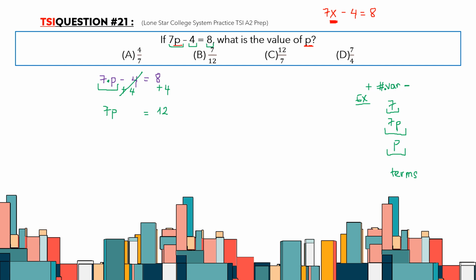Why? You know that we will have something like plus or minus a term, right? Let's say a is a number. We want to move it to the right hand side, or we want to get rid of it. Let's say x minus a.